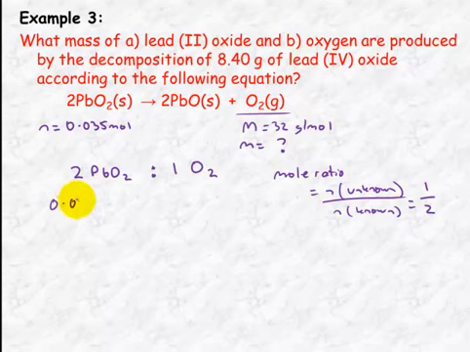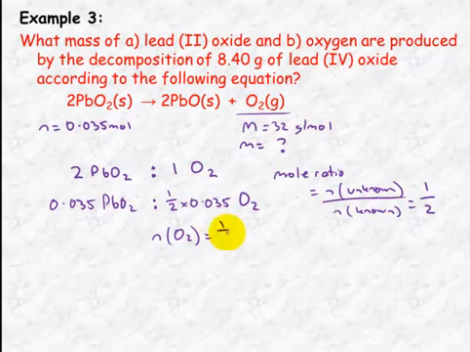So we know that we've got 0.035 of lead oxide, which will make a half times 0.035 of O2. We can work out the number of mole of O2 will equal a half times 0.035, which equals 0.0175 mole. Now that we know the number of mole, all we have to do is work out the mass.